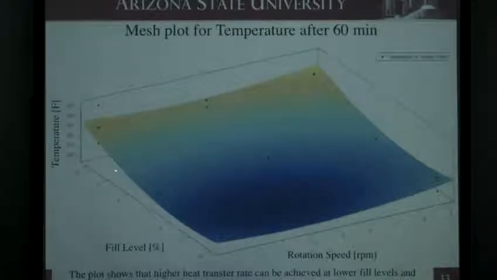we can achieve a higher heat transfer rate at lower fill levels, which makes sense. You have fewer particles, so they're going to heat up faster, and also at higher rotation speeds. If you remember before, there really wasn't a big rotation speed effect, but it's a little bit more now at these lower rotation speeds below about 10 RPM.